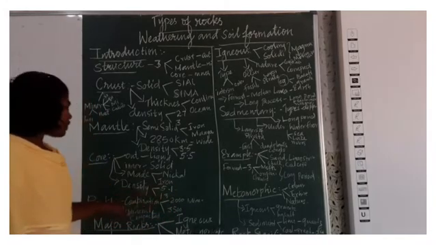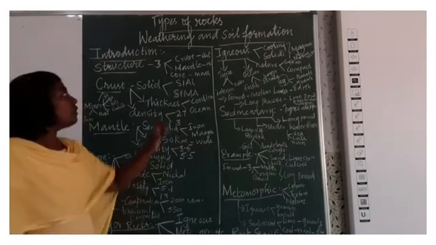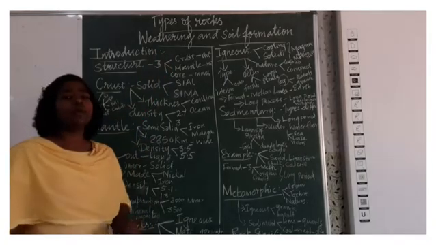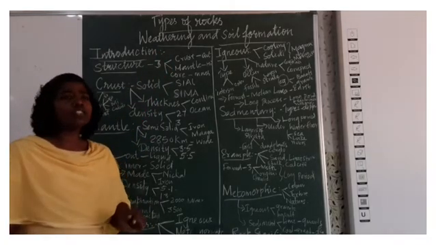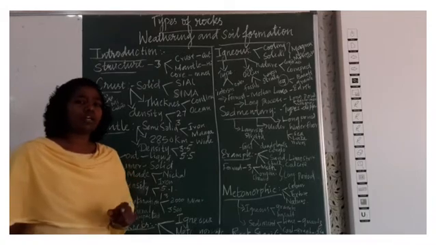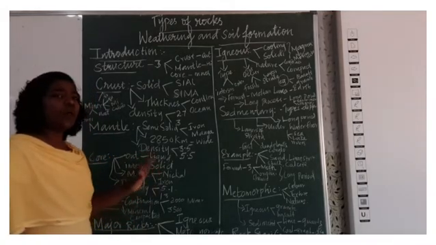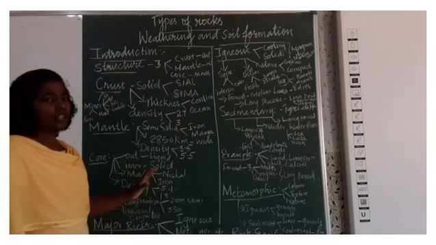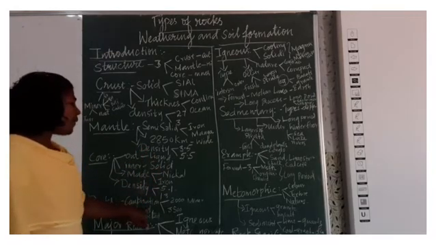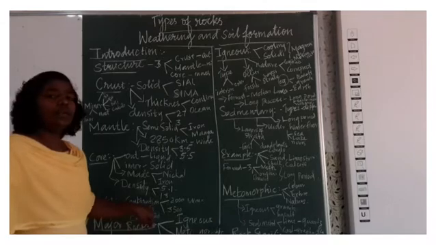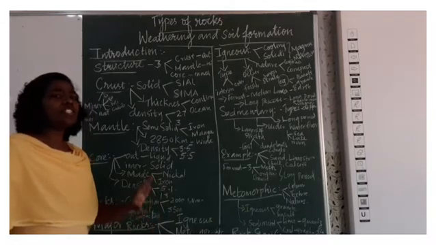The next thing is rock, because we are learning about rocks. What is rock made up of? Rock is a solid material found on the earth. It is a combination of minerals combined together.